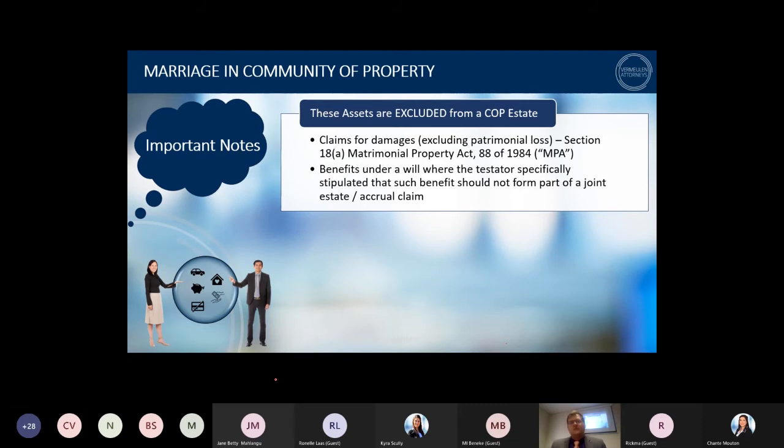That is excluded from a community of property estate. So please understand, mediators and attorneys, if you deal with these types of matters, there is a big difference between a patrimonial loss and a damages which relate to your person.